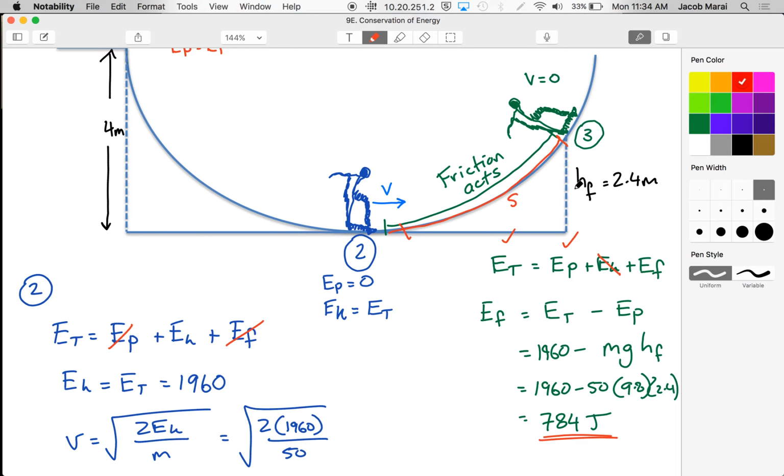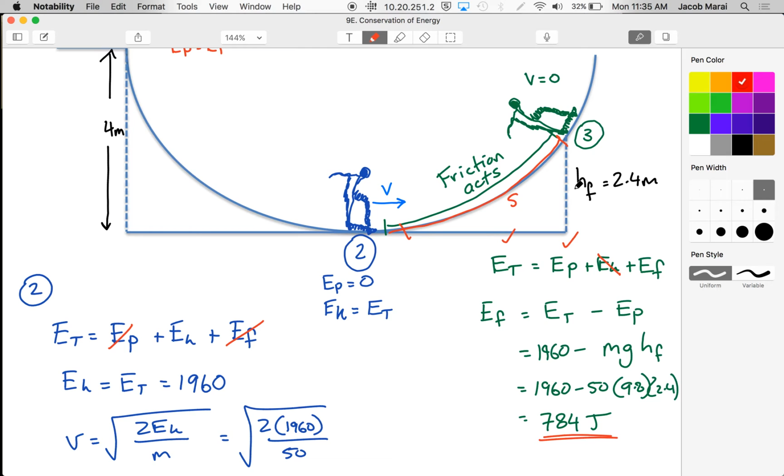And if it acted over, F times S equals that number. But again, as Mahoney observed, your friction is directly proportional to V. So the faster you're going, your frictional force will be greater at this point and less at that point.